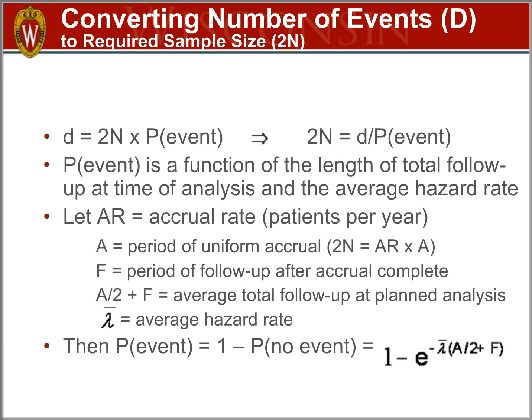We can compute the required number of events that we need to see, and I won't go through the details here, but simply to say the number of events you expect to see in a trial, D, is how large a population you start with, and what's the probability of an event. The probability of an event is a function of how fast you recruit patients, how long you follow them, and what the average hazard rate is, and the bottom bullet is a formula which summarizes all those factors.